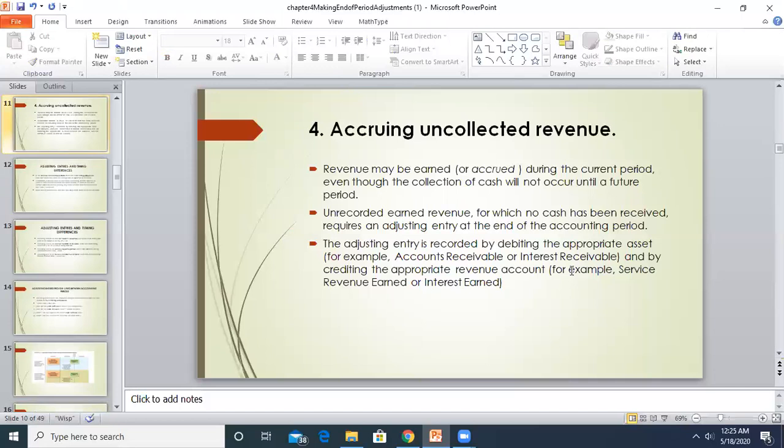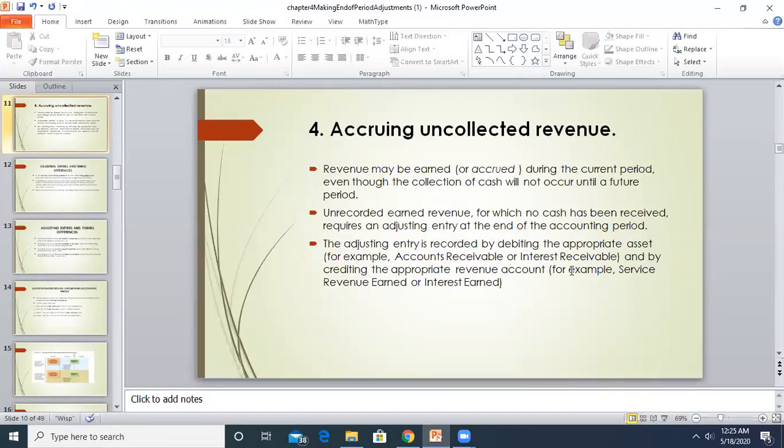We have already discussed that there are end of period adjustments. You have to make adjustments by the end of every month, so these adjusting entries are made on a monthly basis. In the case of accruing uncollected revenue, an adjusting entry is recorded by debiting the appropriate asset.